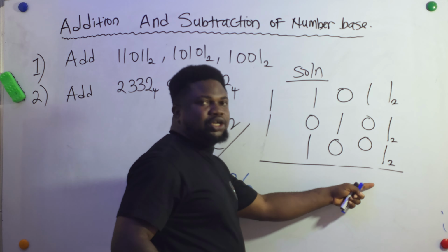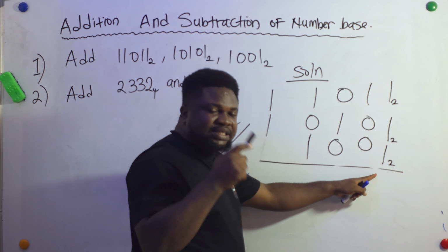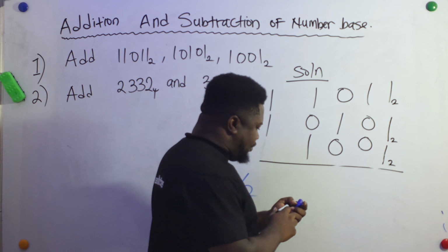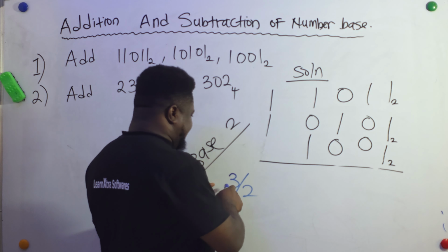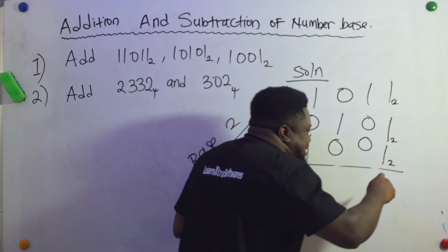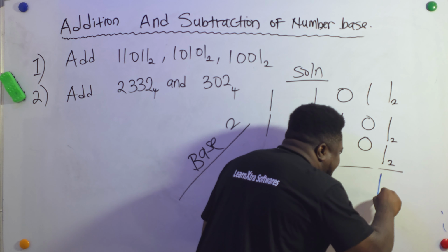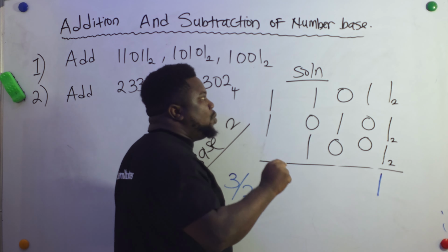What do we write? 3? No. Divide that 3 by the base. That's base 2. 3 by 2 will give us 1, remainder 1. The one I will write is the remainder.